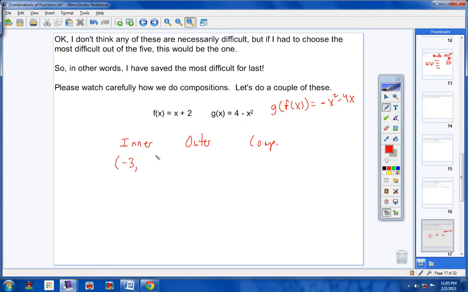Now, go ahead on your own, and I want you to find what this value right here would be. I'm going to pause a second. Watch your signs. By the way, what is your inner function? It's the f function. What's your outer function? The g function, okay? So be careful.